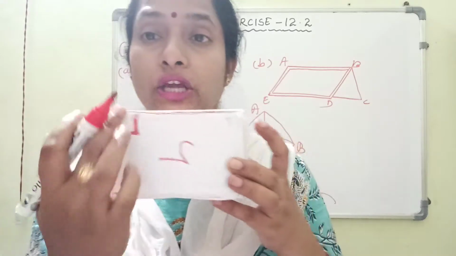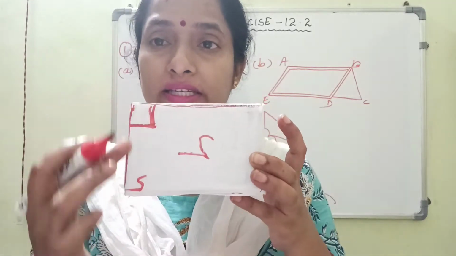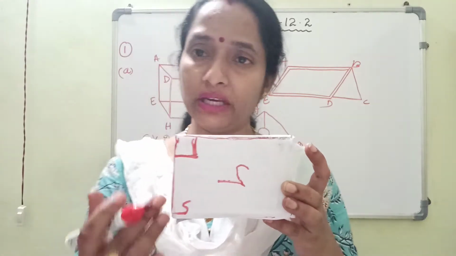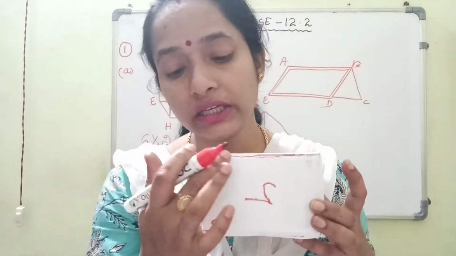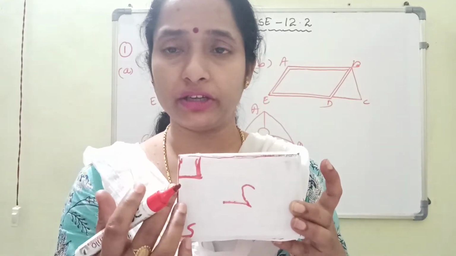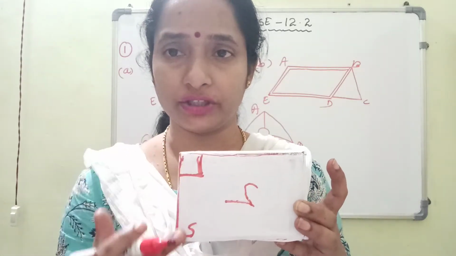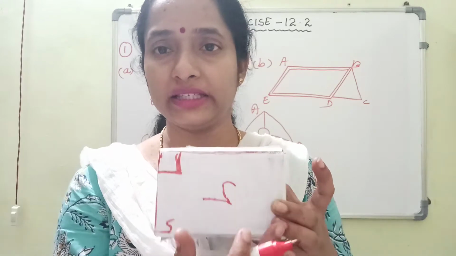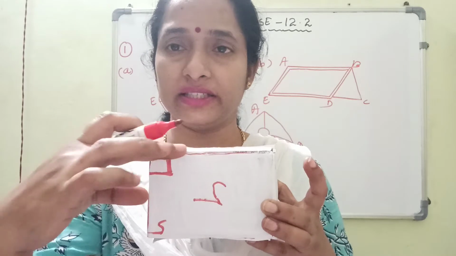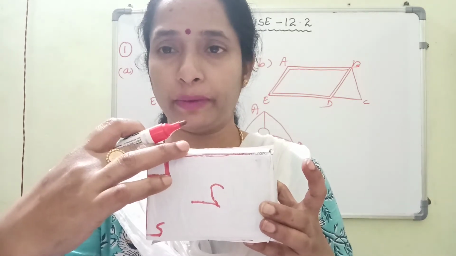Why? Because one is horizontal and the other is vertical. So when a horizontal edge and a vertical edge meet, what do they create? They form a perpendicular, or a right angle. Right angle means perpendicular lines. Again, this line is perpendicular to this, and this line is perpendicular to this. So this is a pair of perpendicular lines, and this is also a pair of perpendicular lines.